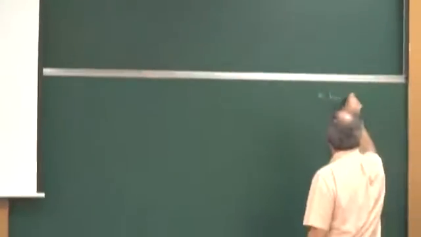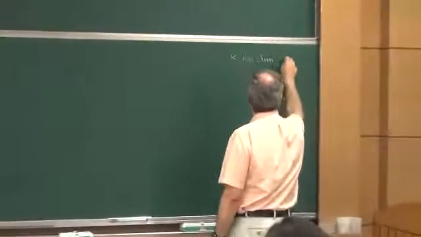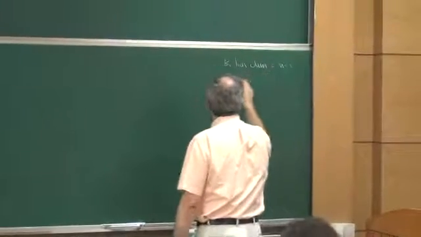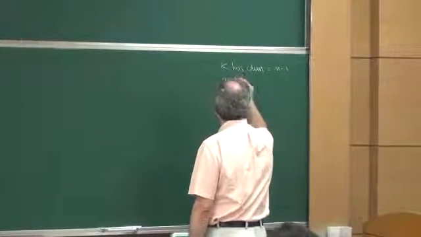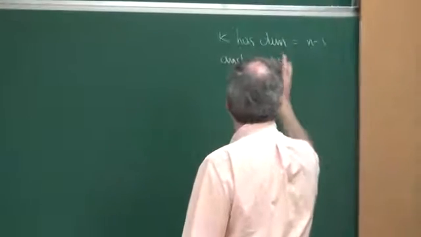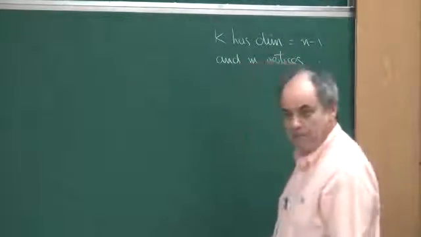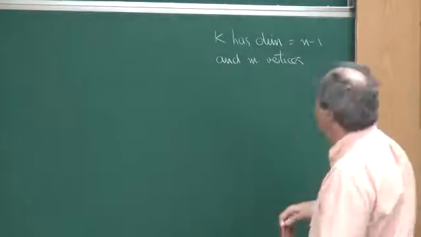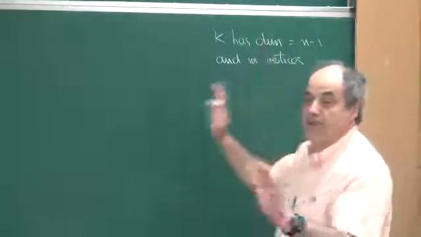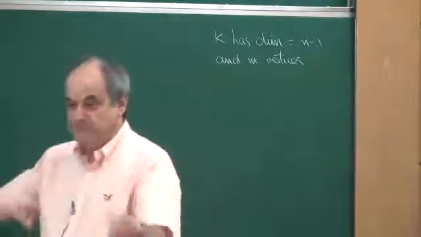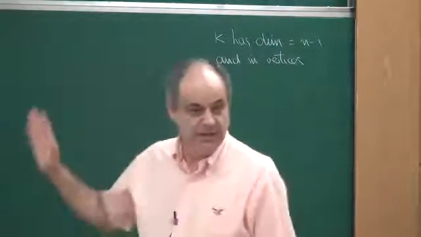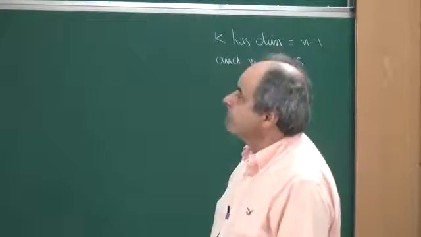So, K has dimension equal to n-1, and it has m vertices. So these two numbers, m and n, will not change during my whole talk. They will always be the same numbers.